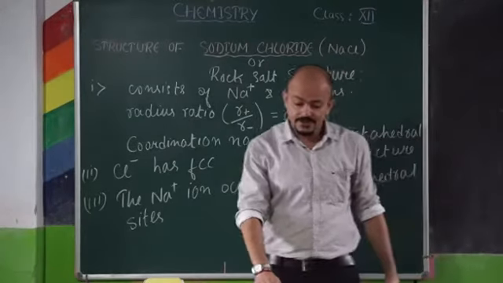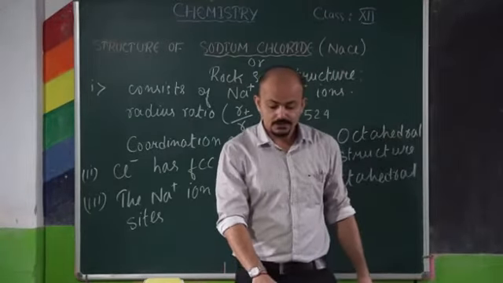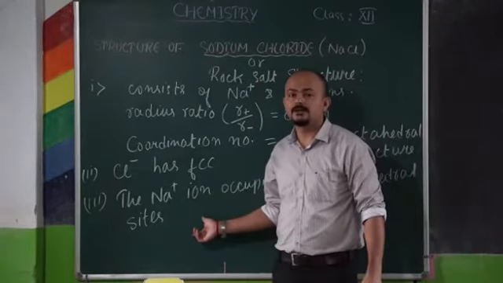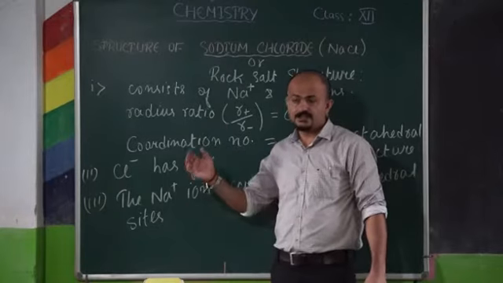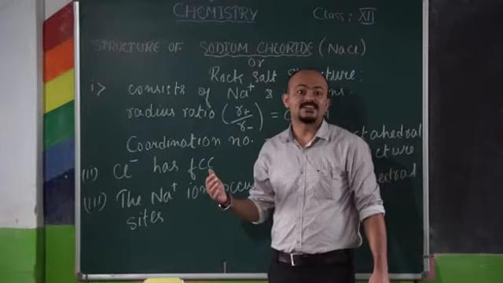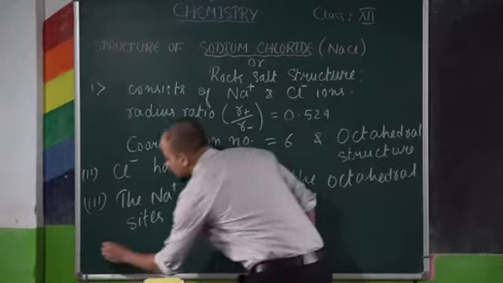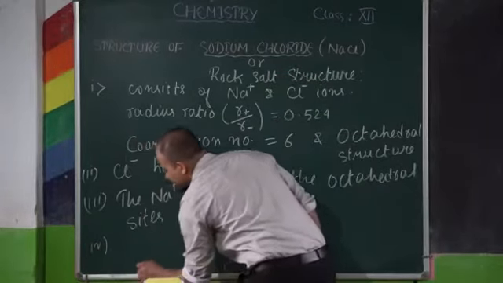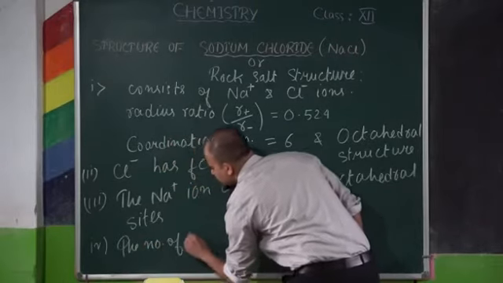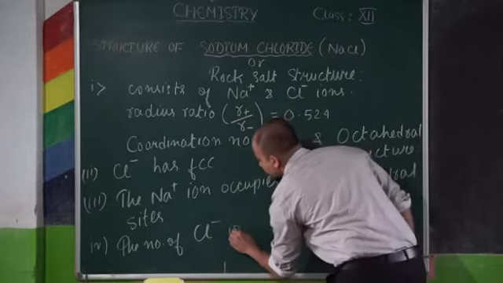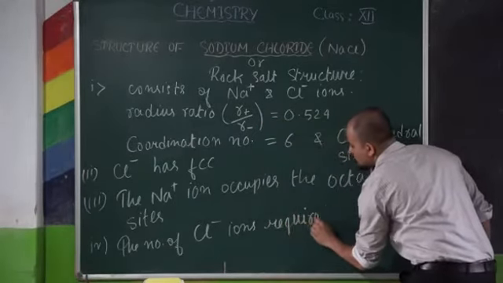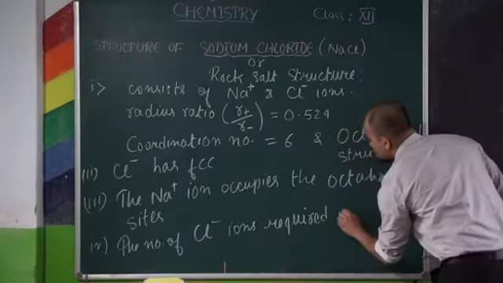So the next point that we have is the number of chloride ions. The number of chloride ions required to form this cubic close lattice is 14. So the fourth point is what? The number of Cl- ions required to form cubic close lattice is 14.